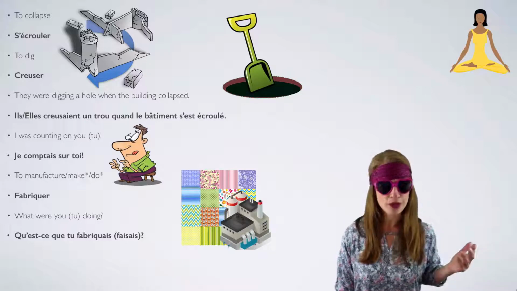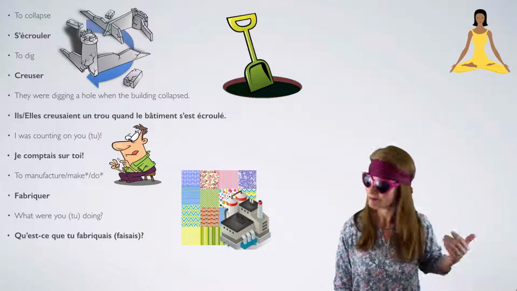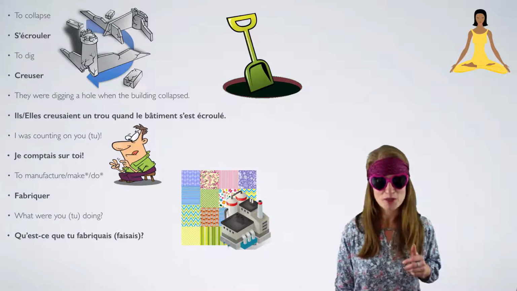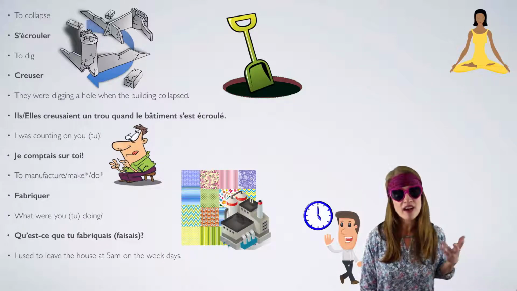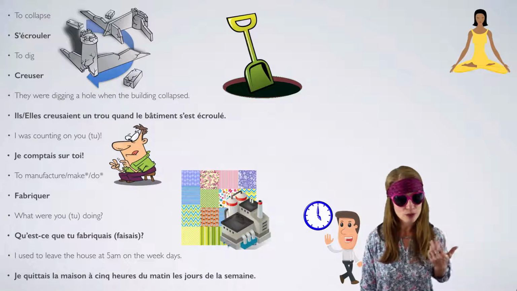Qu'est-ce que tu fabriquais? So you could say qu'est-ce que tu faisais, but in spoken French, fabriquer is often used. I used to leave the house at 5 a.m. on the weekdays: je quittais la maison à 5 heures du matin les jours de la semaine.